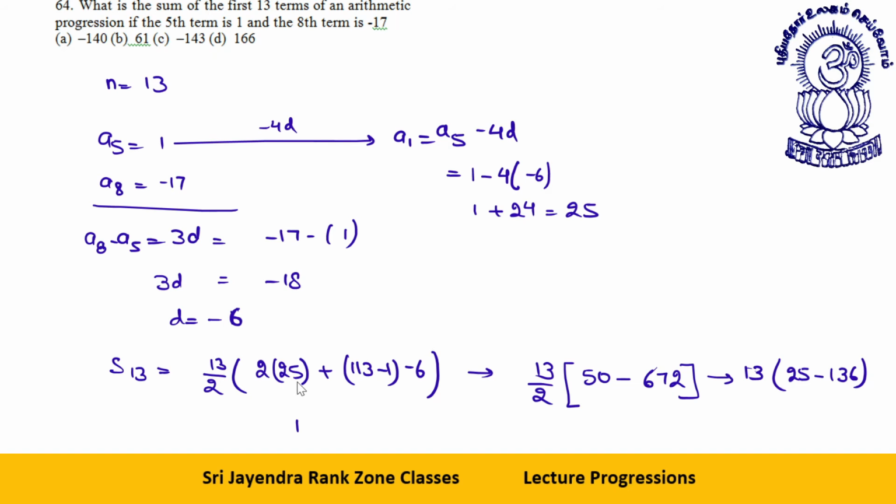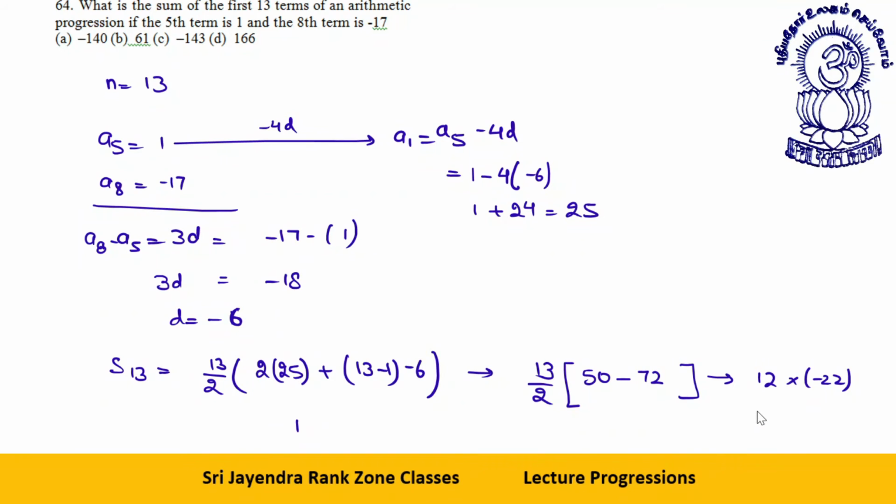13 by 2 into 2a plus n minus 1 into d, in this last step we will have to just correct. 13 minus 1 into minus 6. That is 12 into minus 6, minus 72, or you can easily say 12 into minus 22.